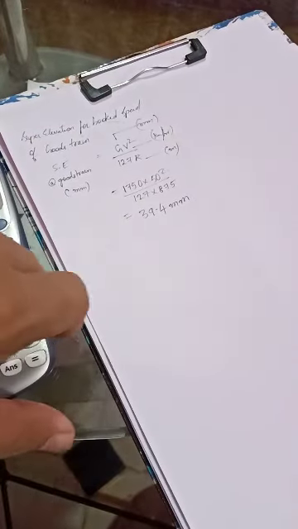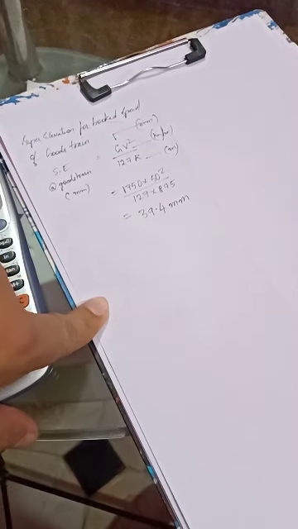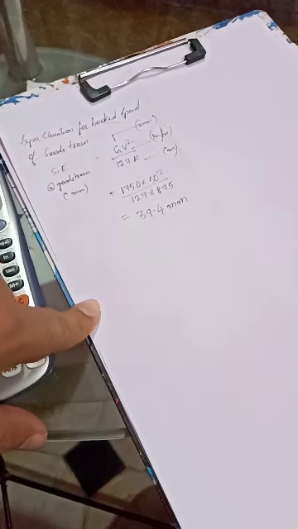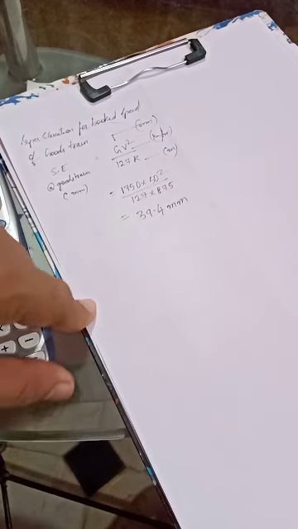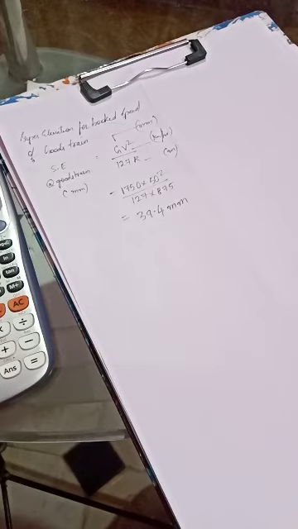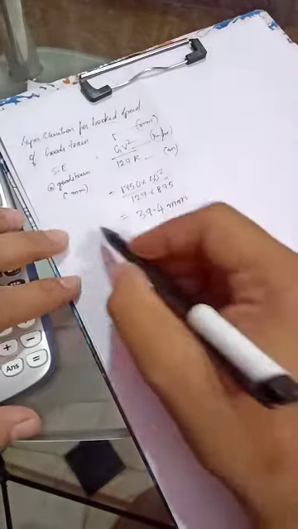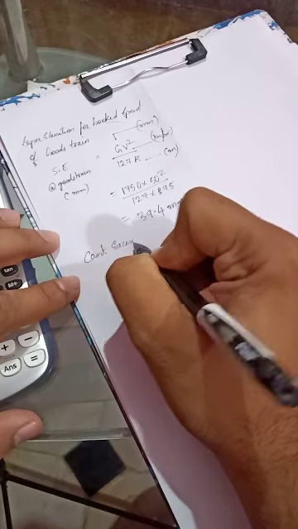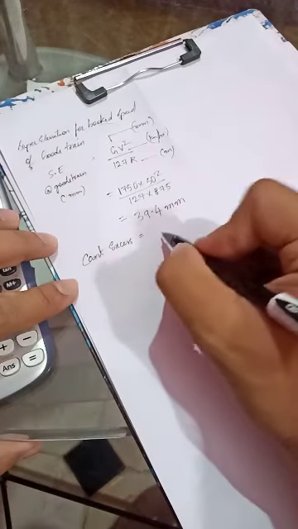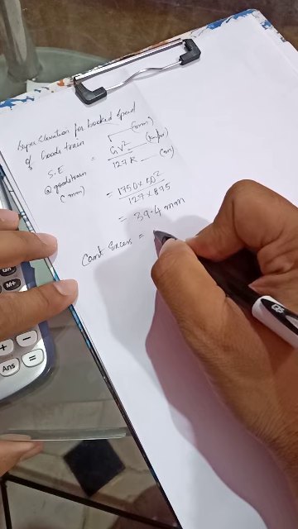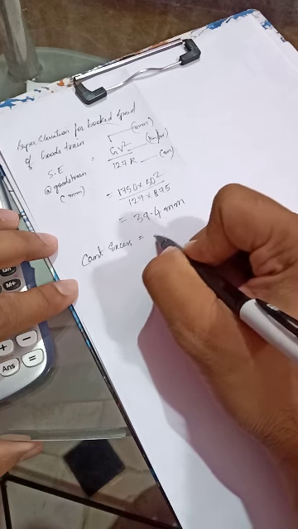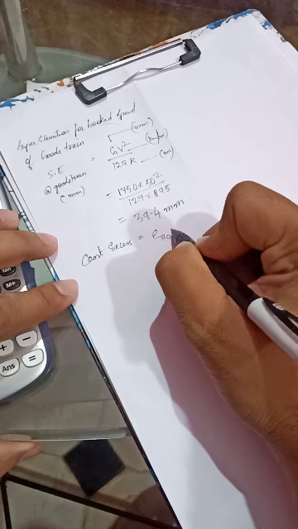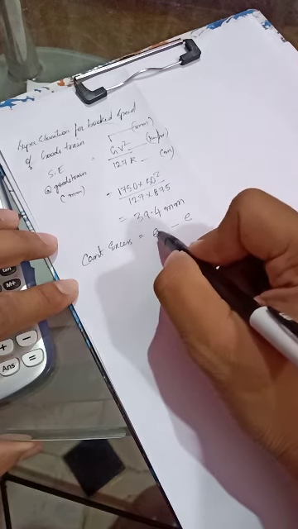Now we need to find out Cant excess. We know that Cant excess occurs when the train goes with a speed lower than the equilibrium speed. So Cant excess is nothing but super elevation at equilibrium speed minus super elevation for the goods train.